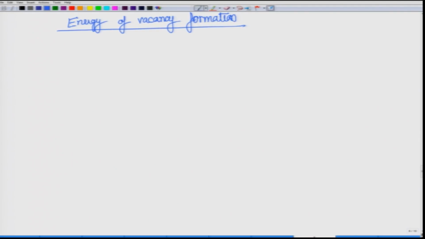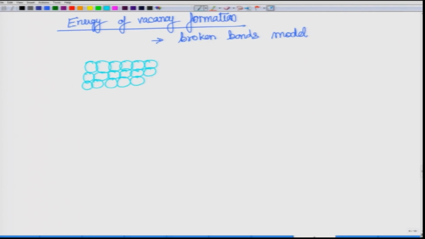One of the simplest models is based on what is called the broken bonds model. What does it do? Let us say these are the atoms in an original lattice where there was no defect.